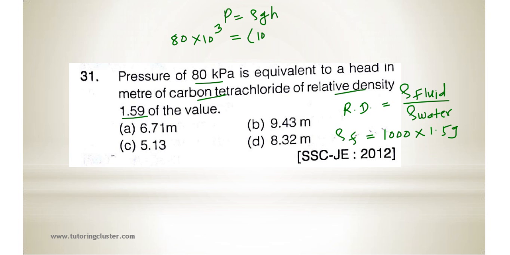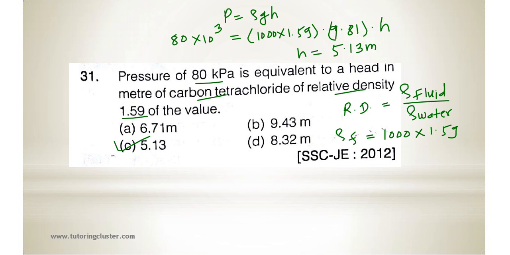So 1000 into 1.59 into G, 9.81 into H, which we have to find out. When you do all this calculation, you will get H is equal to 5.13 meter. Okay, just check 5.13 meter.